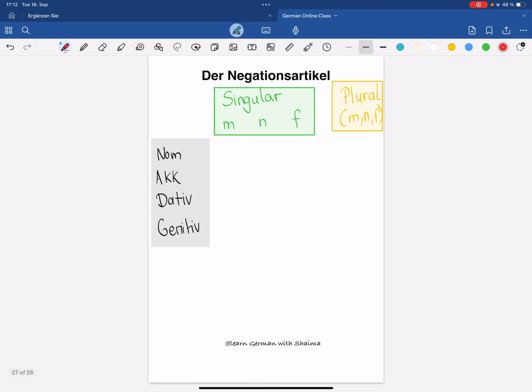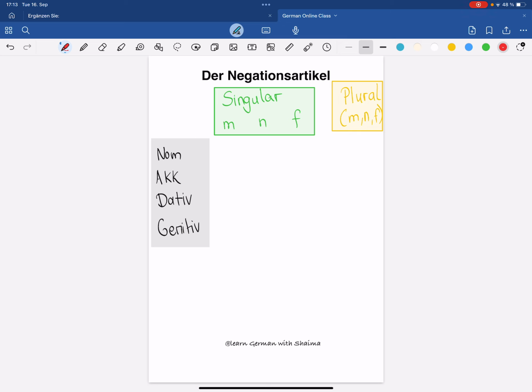Then we have the Negationsartikel. This article is used if you want to say no. So if you are verneinen, when you are actually denying something, then you will be using the Negationsartikel. Here it is important that you know that unbestimmte Artikel did not have any plural, but in Negationsartikel we do have the plurals.